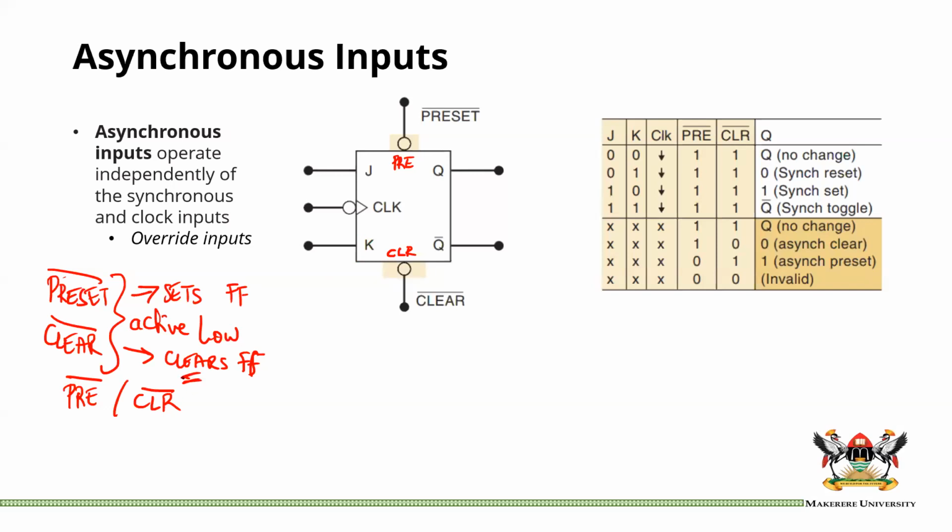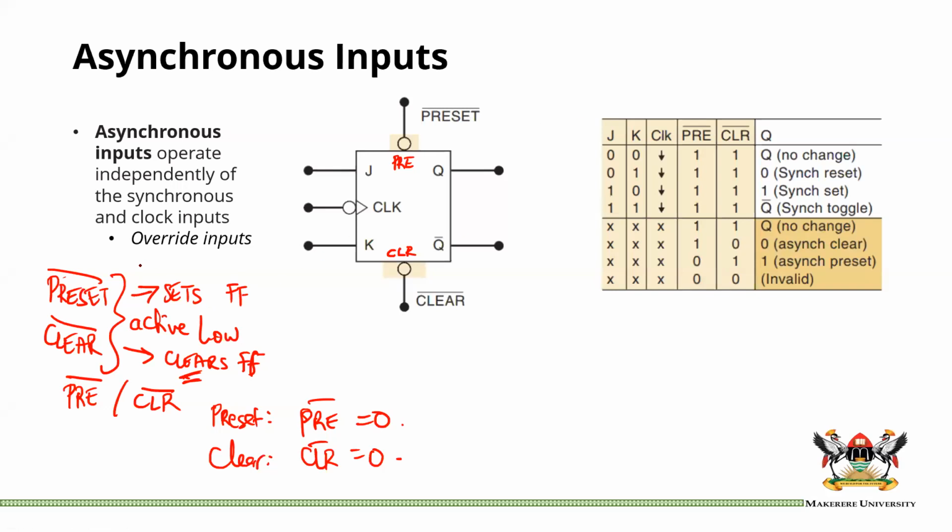If I want to make sure that it is in the one state, I can preset it. How do I preset? Just make sure that PRE equals 0. And to clear, just make sure that CLR equals 0. That means they usually reside in the one state, 1, 1, but they are moved to 0, the active state, either to preset or to clear.